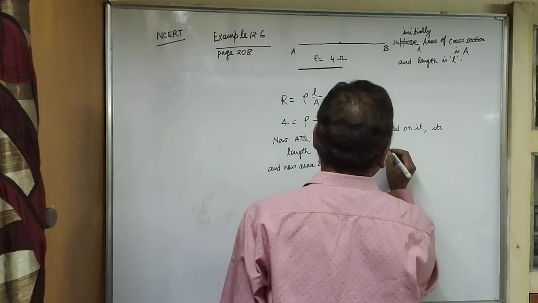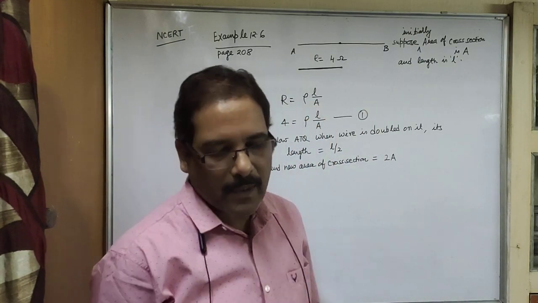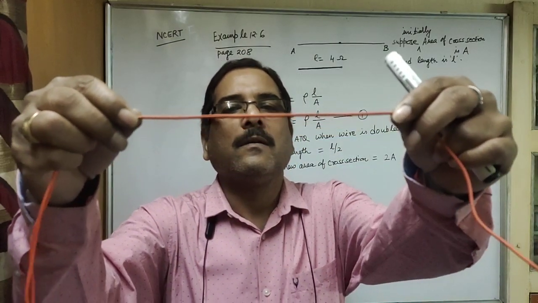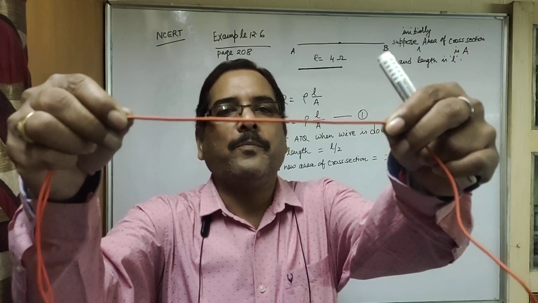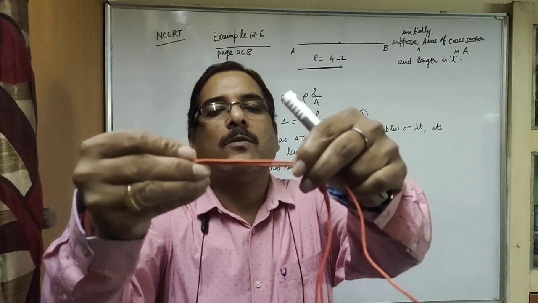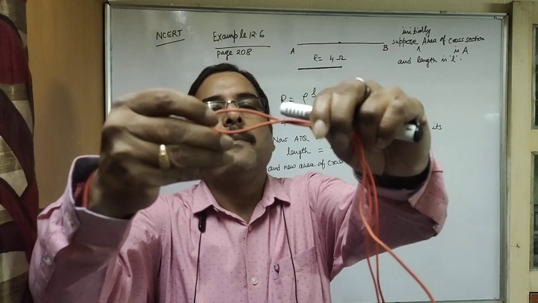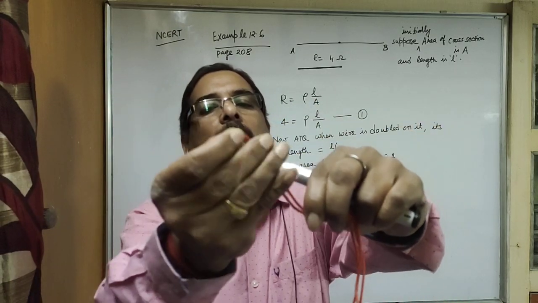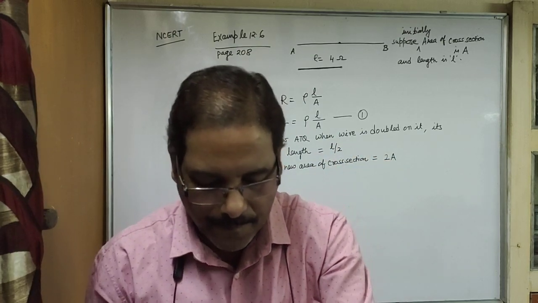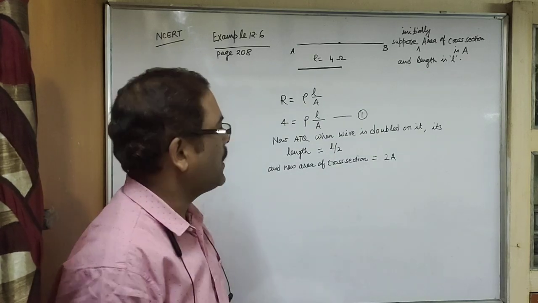So if initially it was A, now it will be 2A. Try to understand this point. Suppose this is a wire whose resistance is 4 ohm. Now if we fold the wire from the middle, the length reduces to half, but this area of cross section will be double. That's why we have written the new area of cross section is 2A.